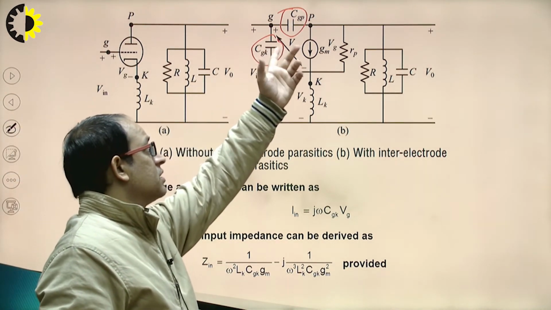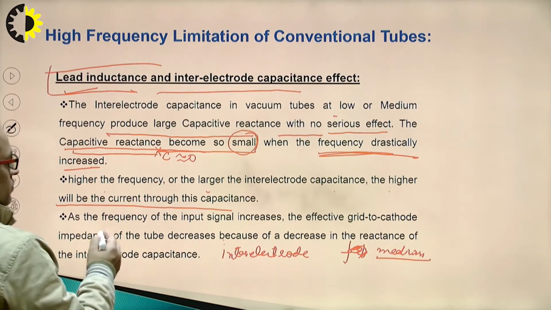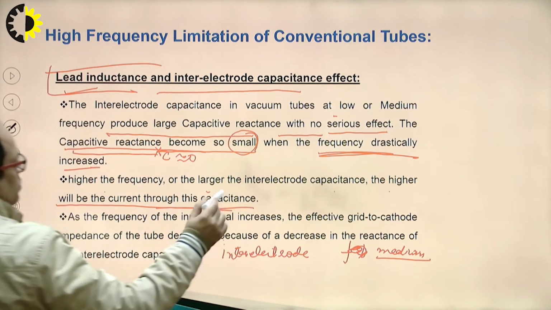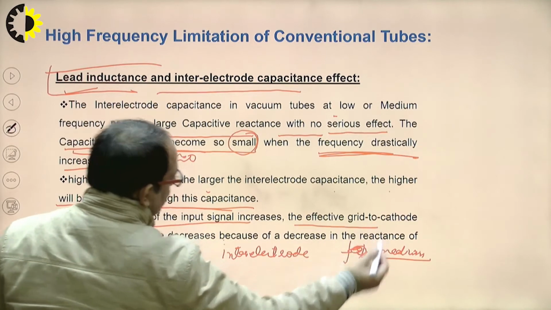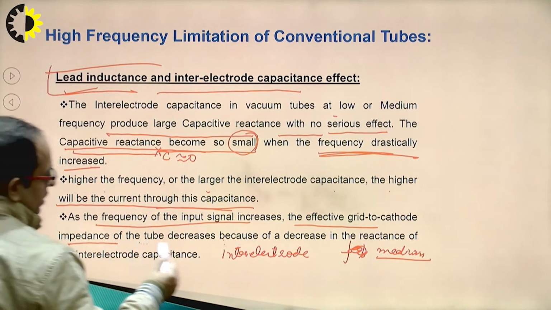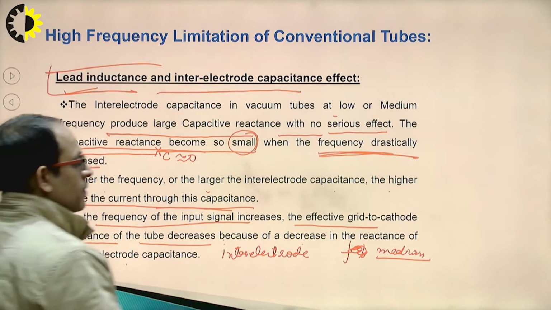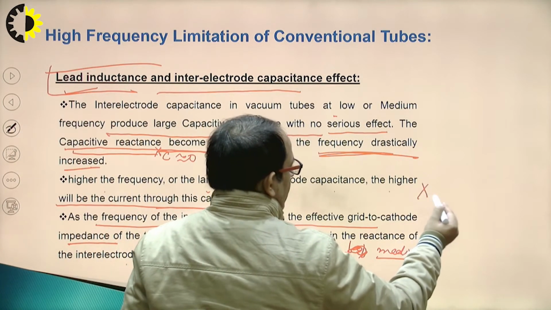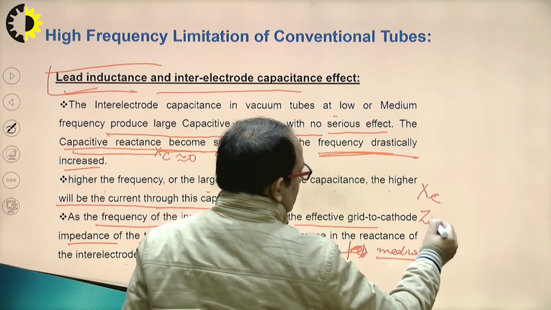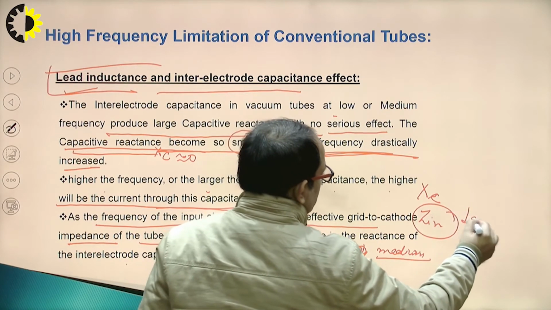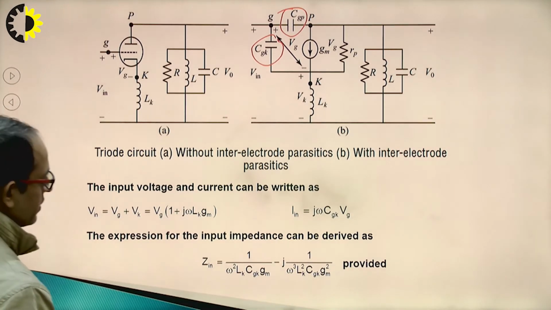As the frequency of the input signal increases, the effective grid to cathode impedance decreases because of the decrease in the reactance of the inter-electrode capacitance. Means as the frequency is very high, Xc decreases, and due to the decrease in Xc, input impedance becomes very small.